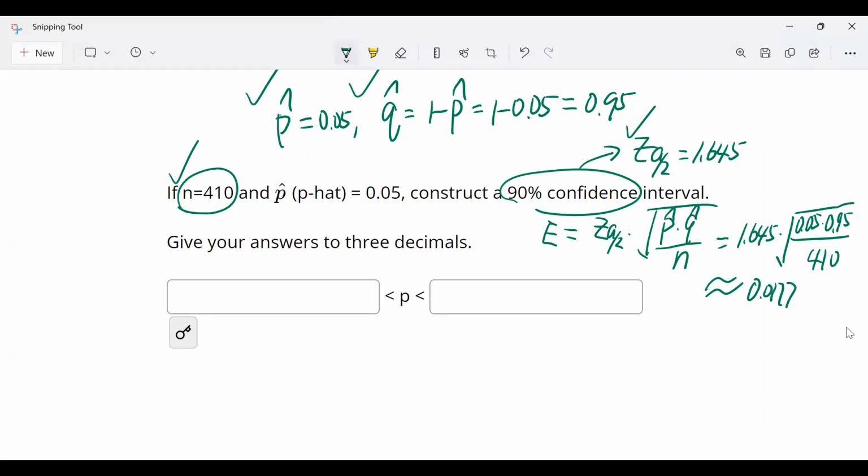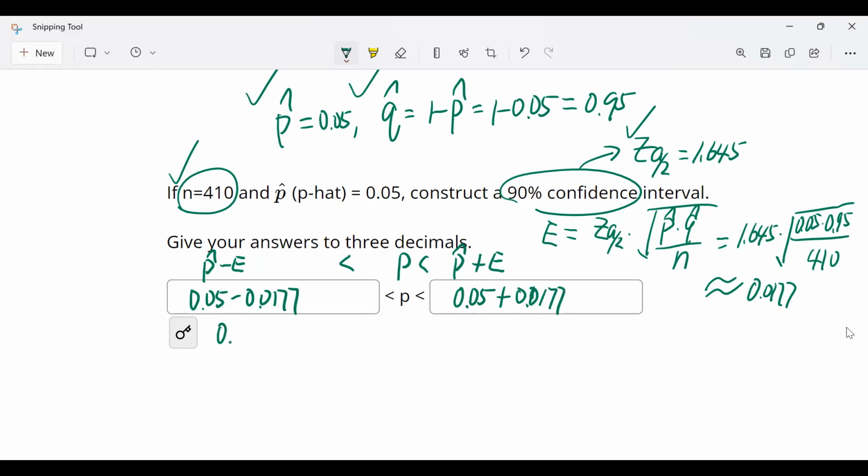Now p hat minus margin of error is the lower limit, and then p goes in the center, and p hat plus margin of error goes to the right hand side. We know p hat is 0.05 minus 0.0177. The right hand side is 0.05 adding 0.0177.